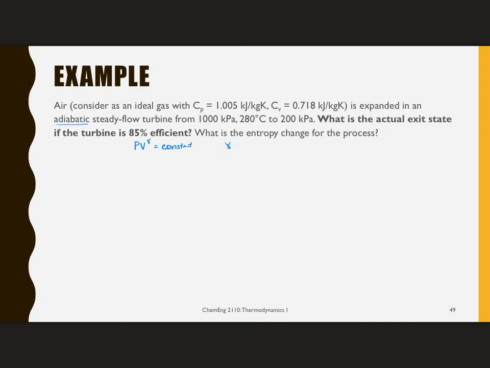Gamma is C sub P over C sub V, which in this case is 1.4. I can use this because I can estimate what the ideal exit temperature will be. We've done these calculations earlier.